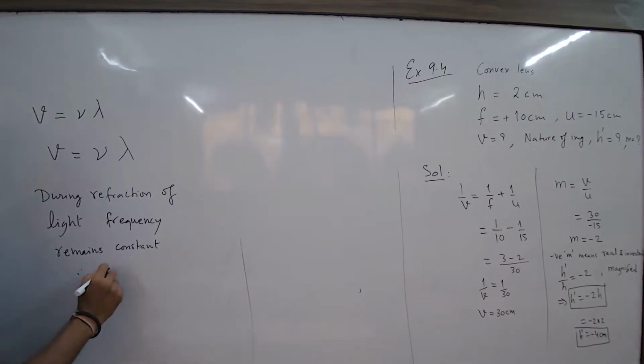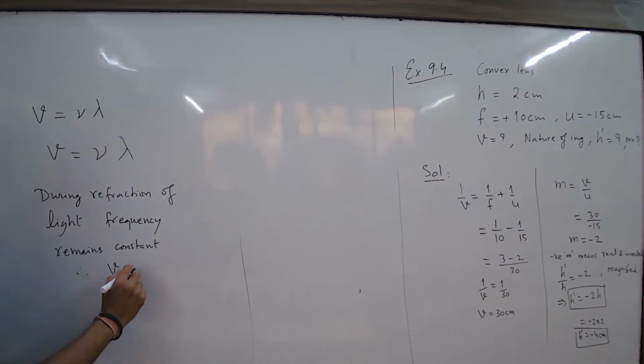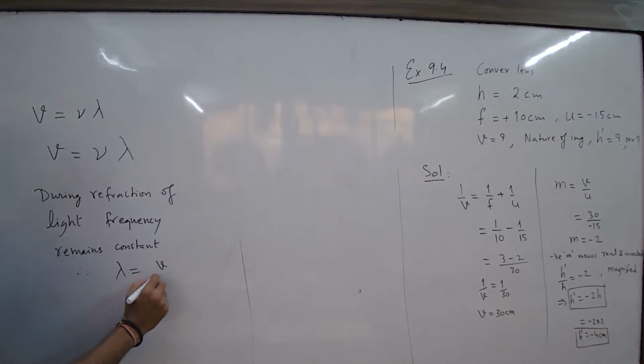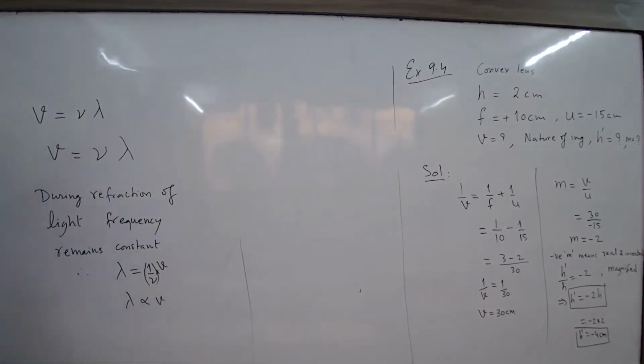Therefore V will directly depend on wavelength. Wavelength is equal to V by nu. So wavelength will depend on V. Okay? So what will happen?